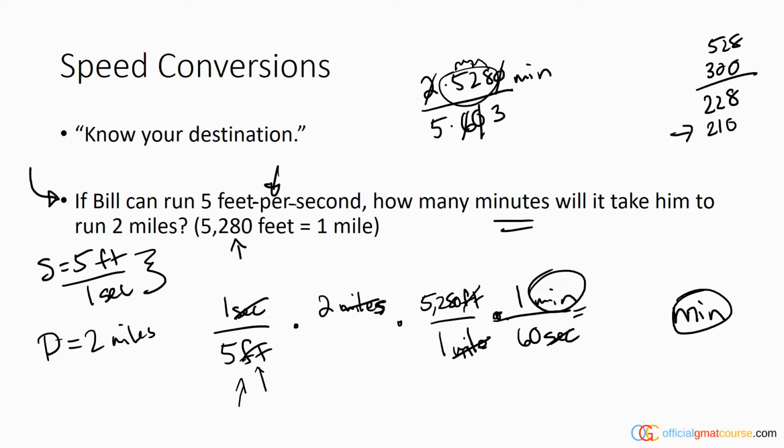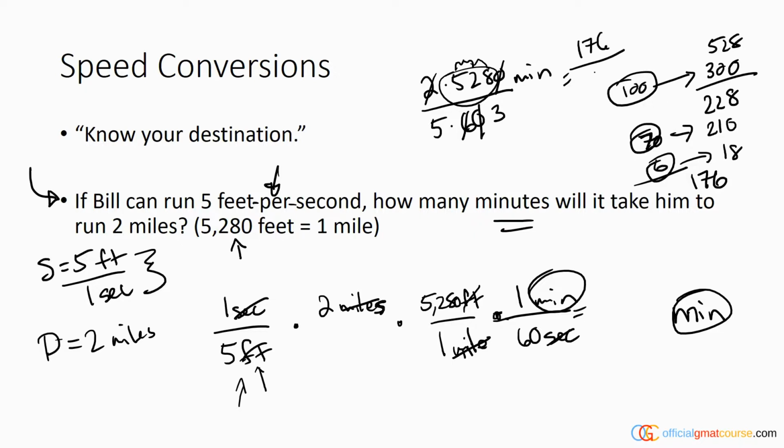So this is 70 times 3. This is 100 times 3. This leaves me with 18, which is 6 times 3. So it's 176 times 3. So I have 176 over 5 when I cancel out the 3 versus that.